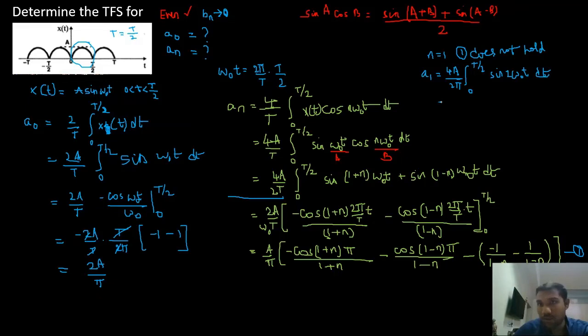Now, if I simplify this further, if I integrate first, 4A by 2, sorry, it's not 2 pi here. It is 4A by 2T, right?